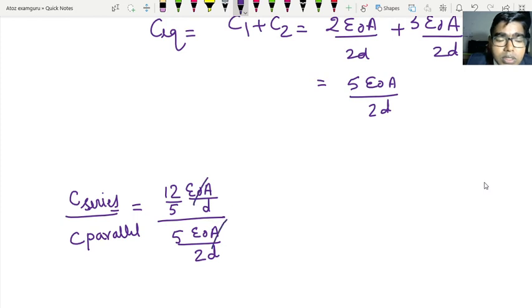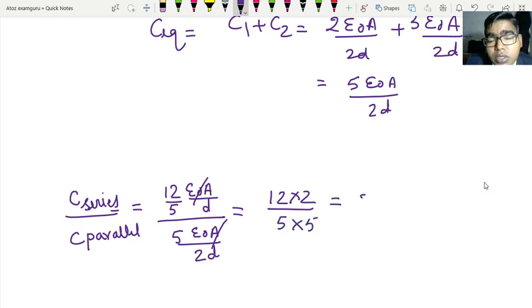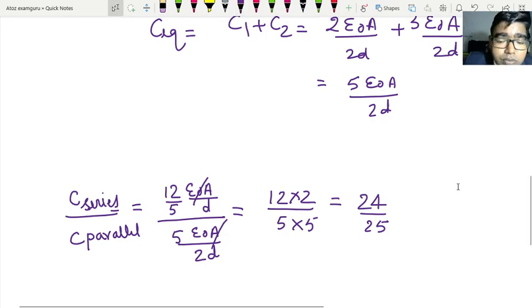This and this will cancel out. 12 into 2 over 5 into 5, you will get 24 by 25. So the ratio is 24 by 25.